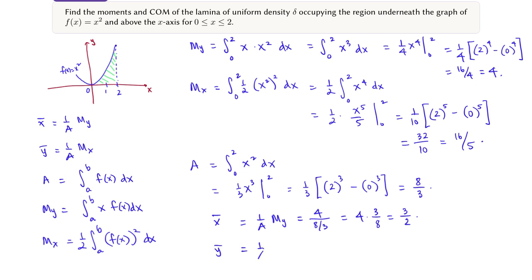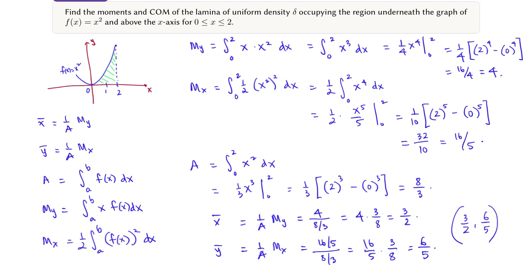Y bar is 1 over a times the moment about the x-axis, which is 16 over 5 divided by 8 over 3. This is 16 over 5 times 3 over 8. Simplifying this, we'll get 6 over 5. And so the center of mass is 3 over 2, 6 over 5.